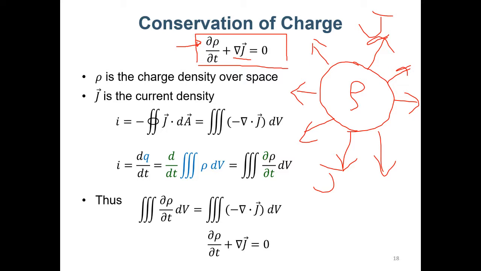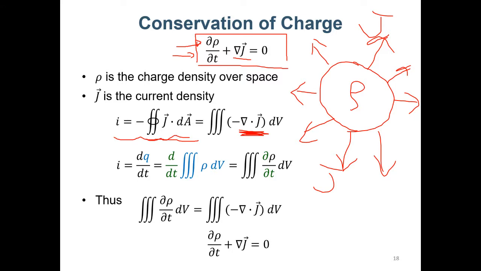And where does it come from? We have I equals the surface integral of J. And using the divergence theorem, we can convert the surface integral into a triple integral, but we need to add a divergence operator for the current density.